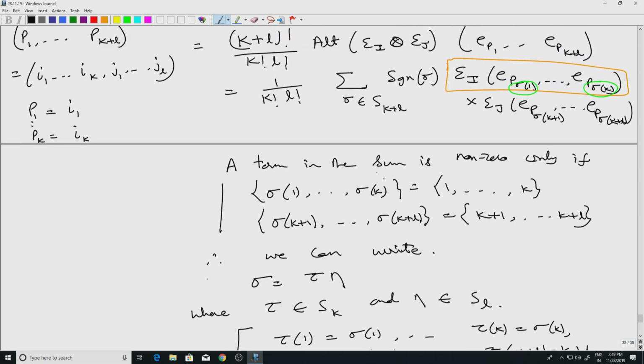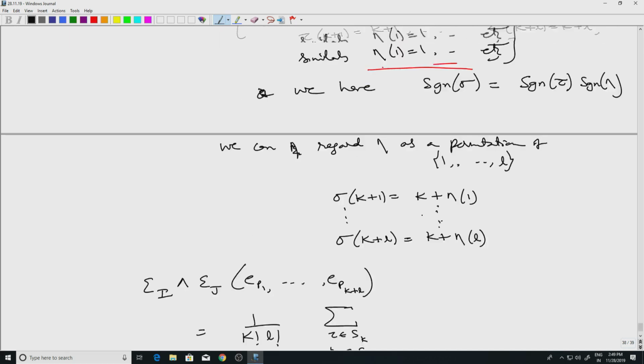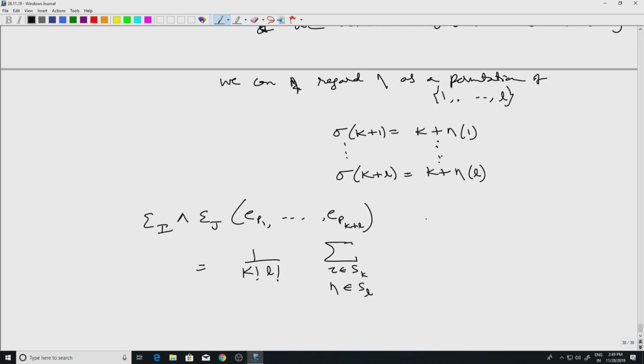So we just have to worry about those elements of S k plus L for which this holds. And once we restrict to those permutations in the sum, I can write it like what I'm doing now.